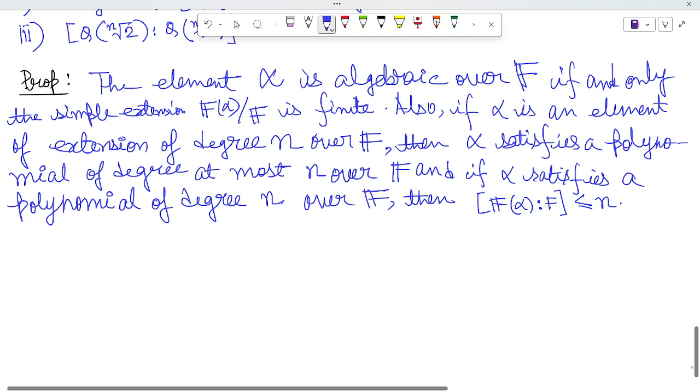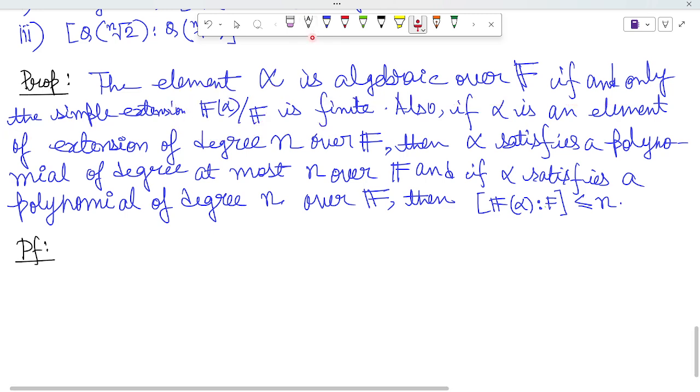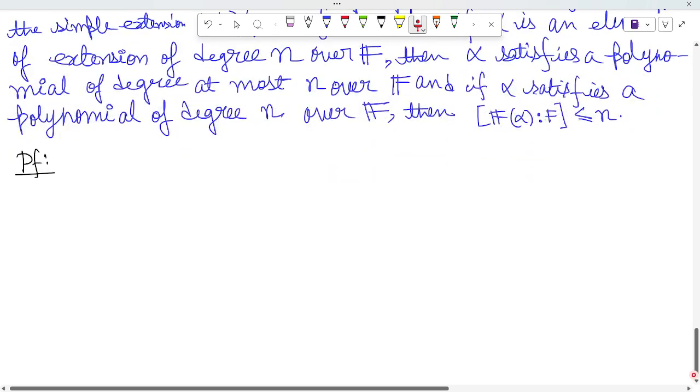It is also a very straightforward proof, nothing difficult. First, we need to show this part: if alpha is algebraic, then it is a finite extension. So first I assume that alpha is algebraic over F.